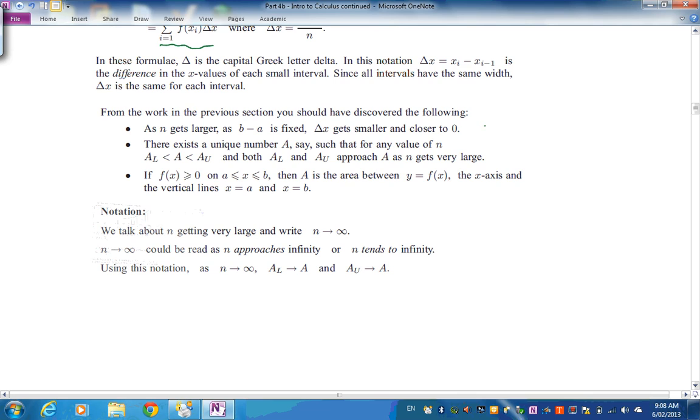b take a is always fixed. We always have a closed interval there from one end to the other, so that's the length of the interval, if you like, for which we're trying to find the area under the curve.